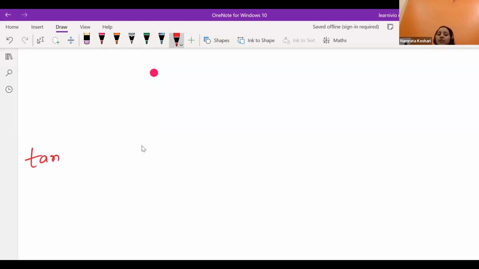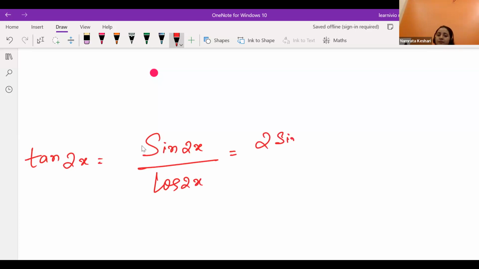Okay, I wanted to discuss the formula for tan 2x. We know tan 2x is just the combination of sine 2x over cos 2x, right? And for sine 2x, what was the formula? 2 sine x cos x, right? Yes, ma'am. And for cos 2x, the very first basic formula was cos square x minus sine square x, and from there we have taken out so many new formulas.